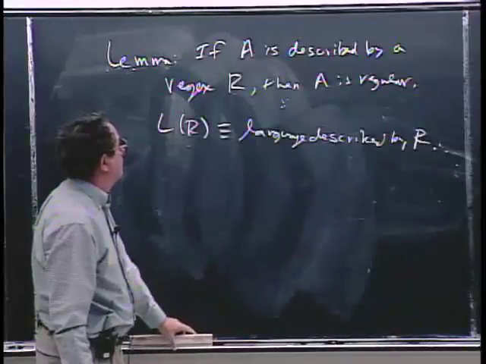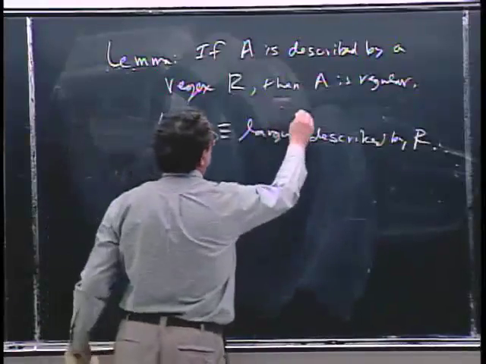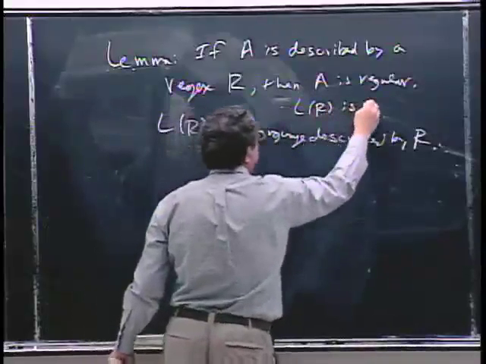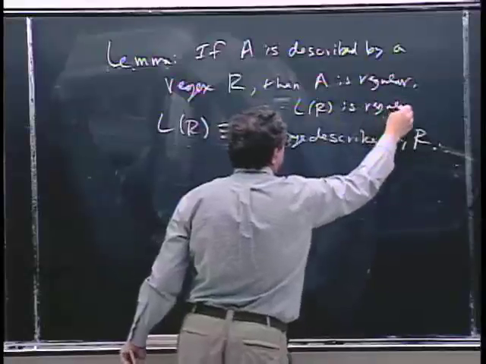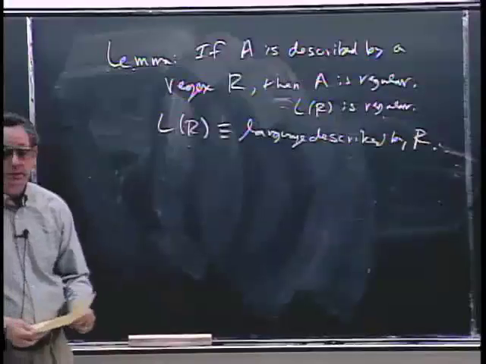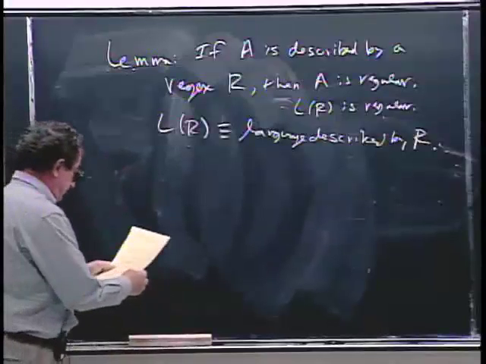Or I could have said L of R is regular. It's a regular expression. It's a regular language. Okay, so how does the proof go for that?